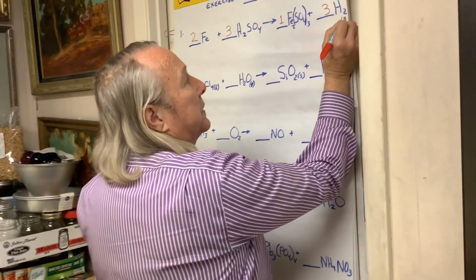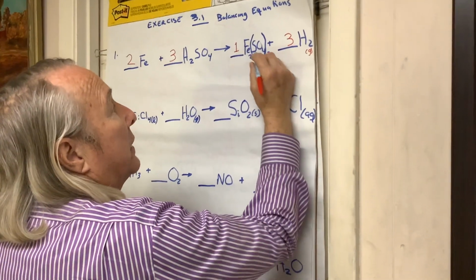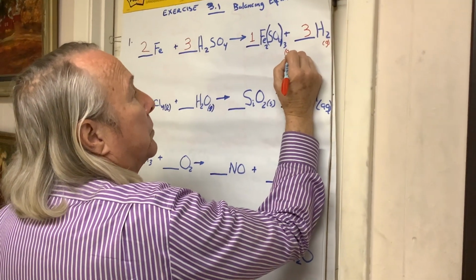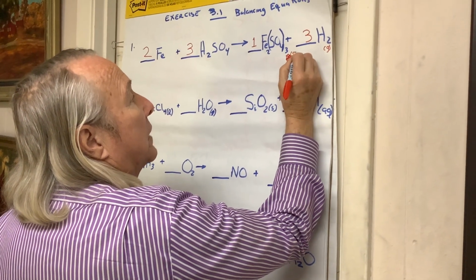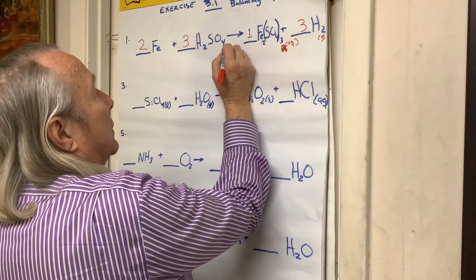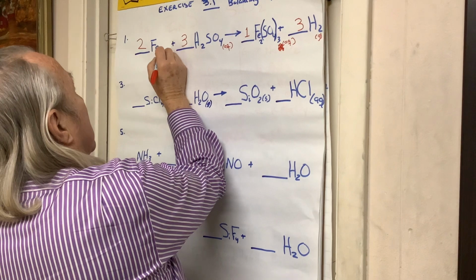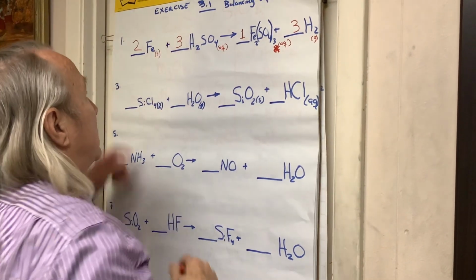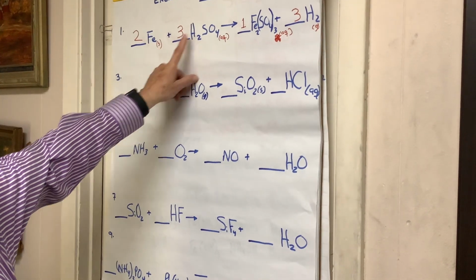If we were to put states into the previous one, hydrogen is a gas. The iron sulfate is a soluble salt that is aqueous, AQ, dissolved in water. Sulfuric acid is dissolved in water, and iron is solid. This is someone dropping a bar of iron into sulfuric acid.